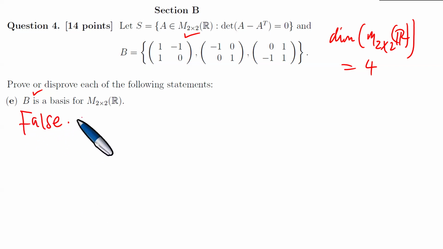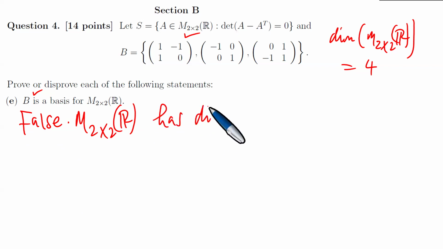It is false. Why? Because M22, the vector space of all 2 by 2 matrices with real entries, has dimension 4.